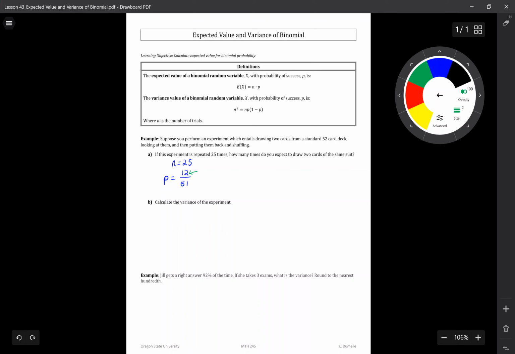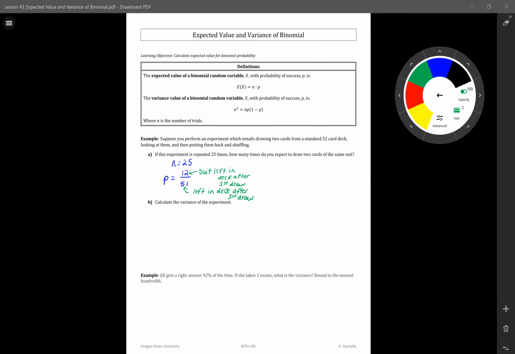So there are 12 of one suit left in the deck after the first draw, and there are 51 left in the deck after the first draw. So the probability of drawing 2 of the same suit is 12 over 51.